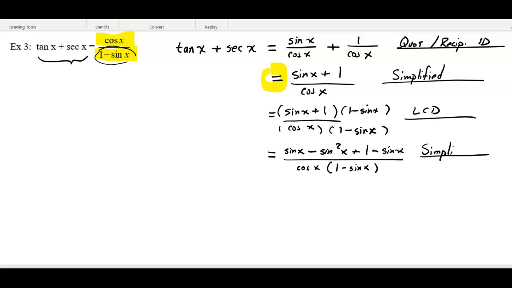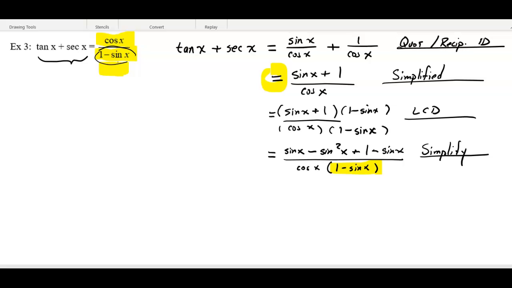Now, I will say this. You're going to be tempted to distribute that cosine of x in the denominator. Don't do that now, because I know I want to leave this 1 minus sine of x. Let me highlight it. I want to leave that alone because that's where I'm going. So I'm going to leave that alone temporarily and see if somehow that cosine of x will cancel out, only because I know where I'm going.